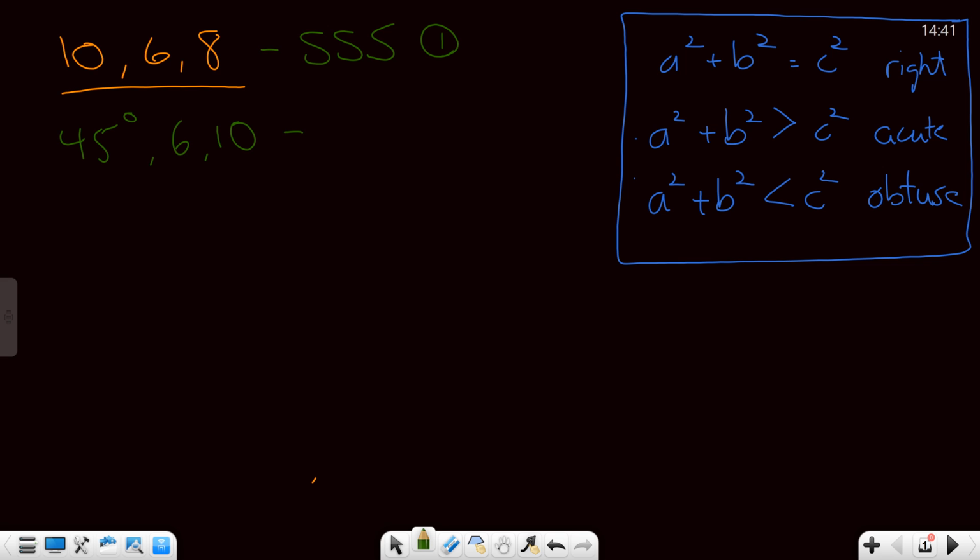On that new piece of patty paper, let's stop the background chatter, please. I'm tired of talking over people. Construct that triangle: 45 degrees, 6 centimeter segment, and a 10 centimeter segment.